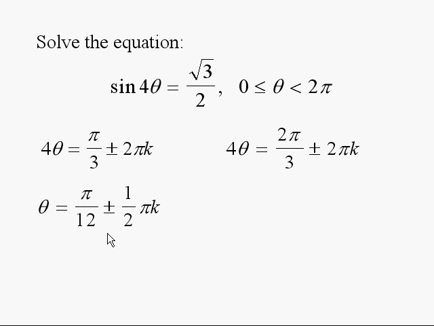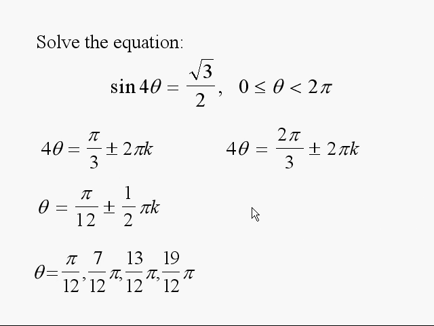And that means that we can keep track of what theta is by dividing this one through by 4, or dividing this one through by 4. 2 pi over 3 divided by 4 is pi over 6. Pi over 3 divided by 4 is pi over 12. 2 pi k divided by 4 is pi k over 2.